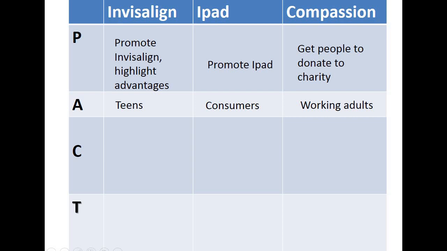For the iPad, the purpose is very clear, to promote the iPad, and in fact, I will add, about the iPad's cameras. Audience will be consumers. For the Compassion ad, it would be to get people to donate to that charity, to raise funds. And of course, you are targeting working adults.